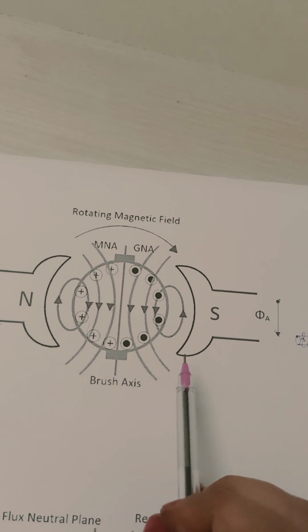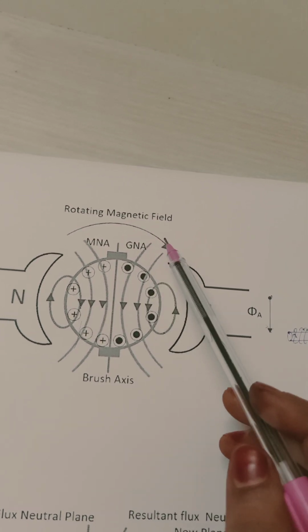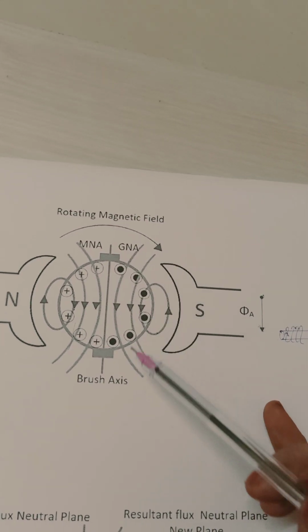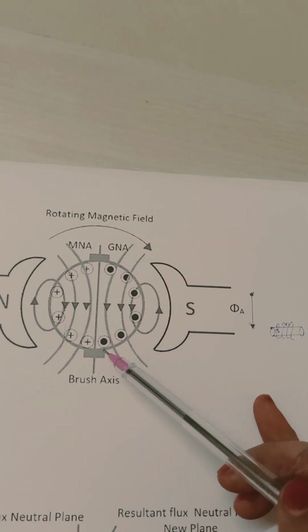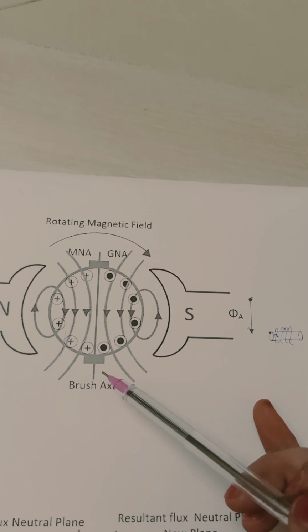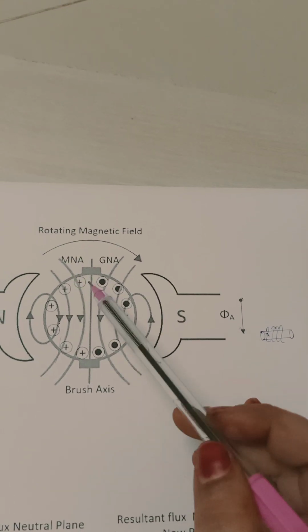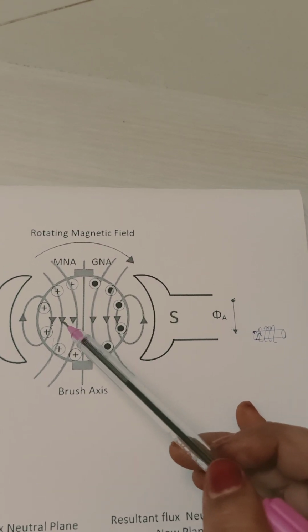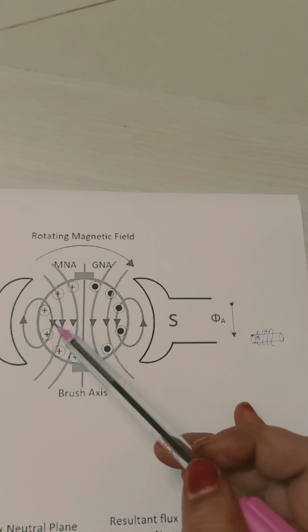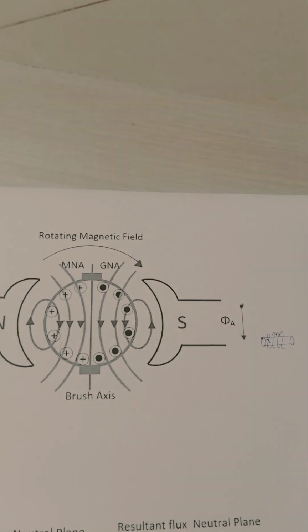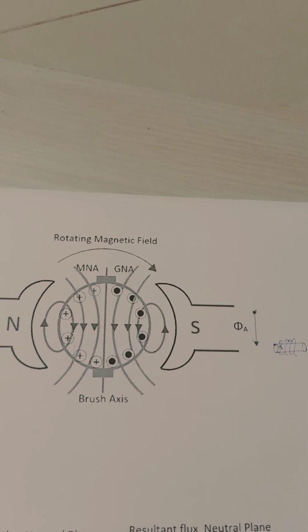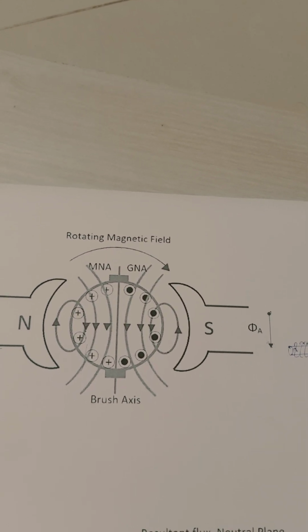Due to this, see how the magnetic flux is distributed when the current is flowing through the armature conductors. These lines, this arrow, represent the direction of distribution of flux when the current is flowing through the armature conductors.